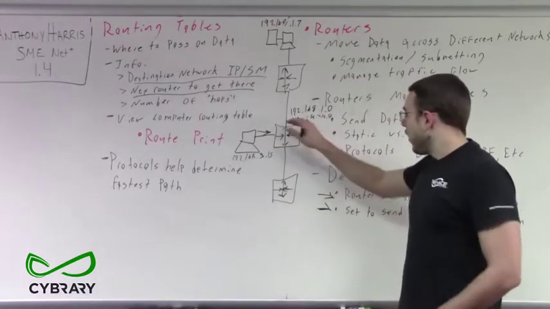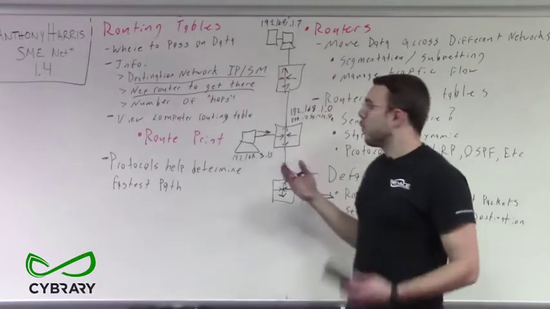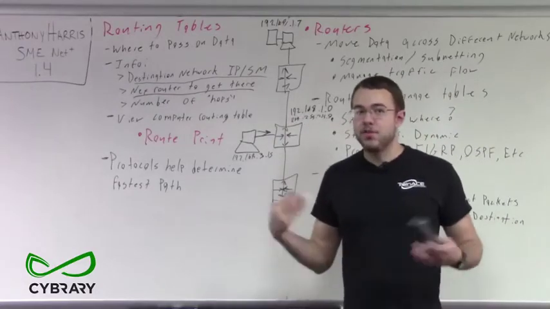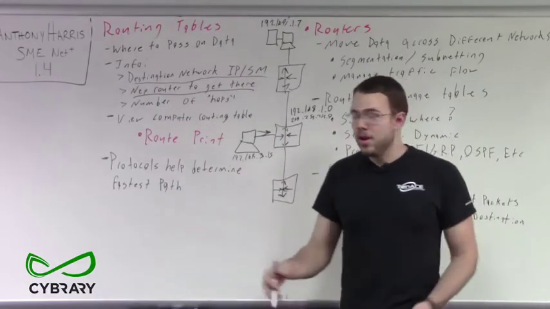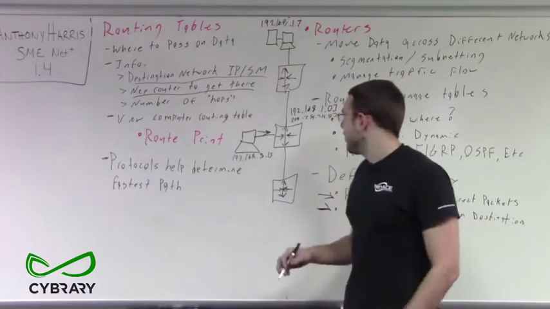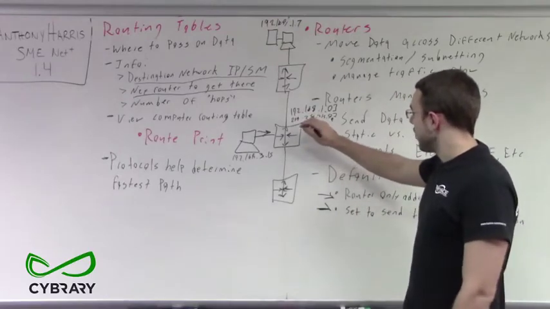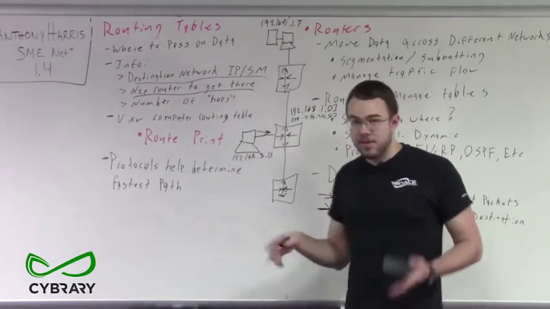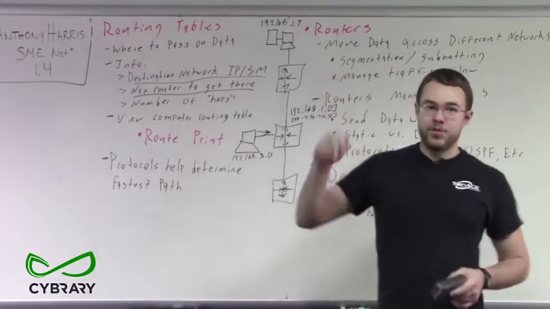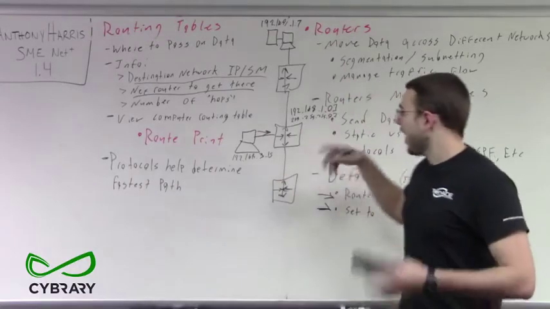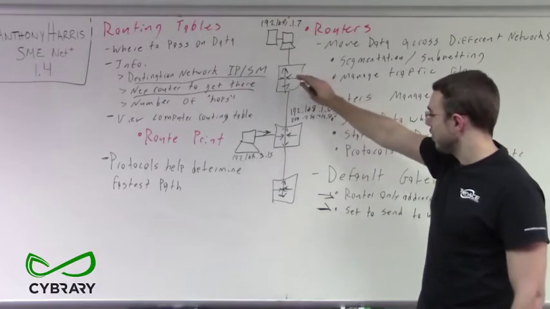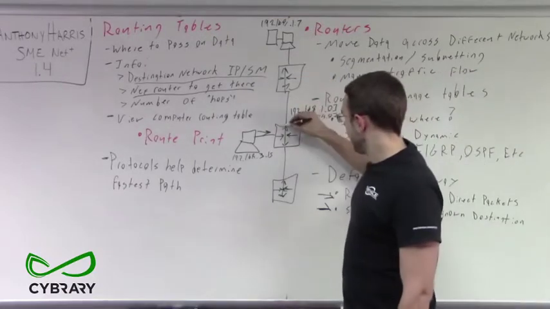So hey, I know how to get there. 192.168.1.7 is in this range of 192.168.1.0 with a subnet mask of 255.255.255.0. That's my network. That subnet mask indicates to me that this network contains computers that range between 192.168.1.0 through 192.168.1.254. So I can get there. And the IP address of the router that I need to get to is this one.